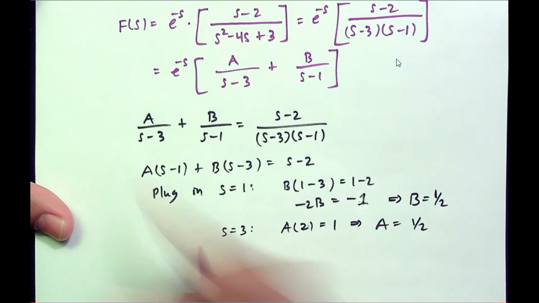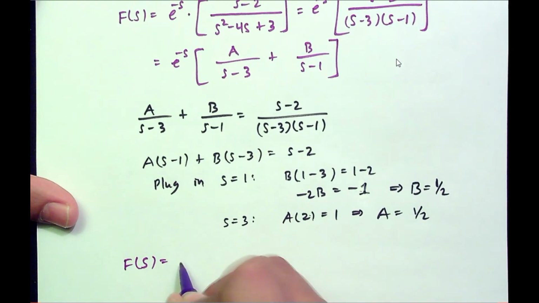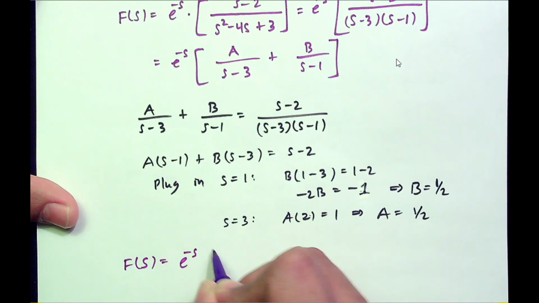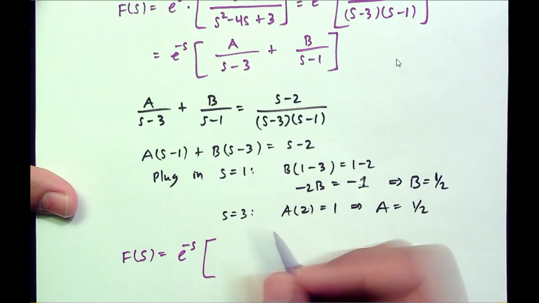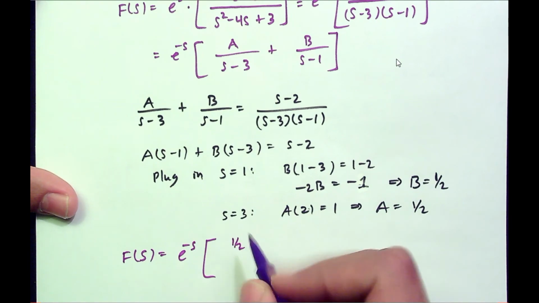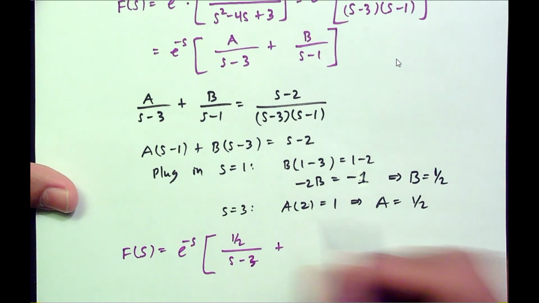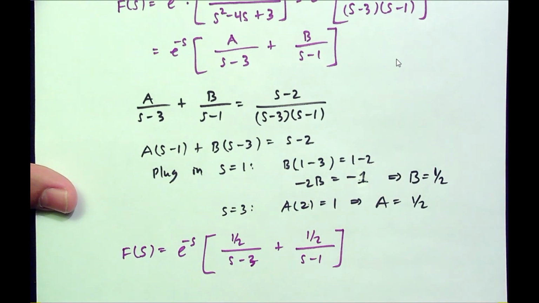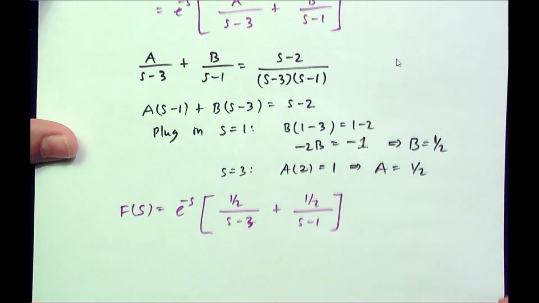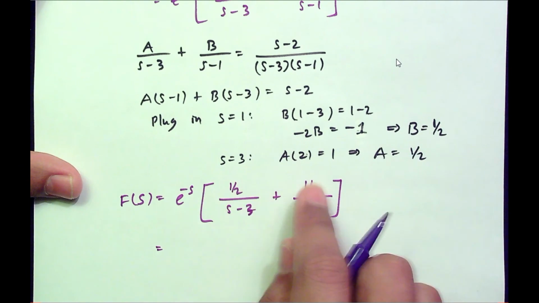So going back here, we're going to get capital F of s equals e to the minus s times 1 half over s minus 3 plus 1 half over s minus 1. Now we can pull out the 1 half from both, factor it out.